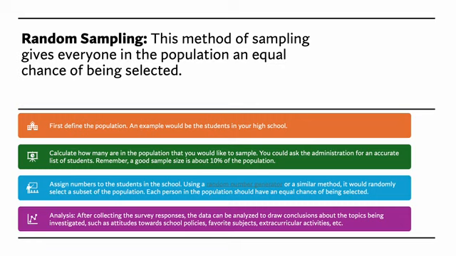The next one is random sampling, which gives everyone in the population an equal chance of being selected. So in this one, you want to do that same recycling community survey, but you want to take your sample from just the students in your high school.